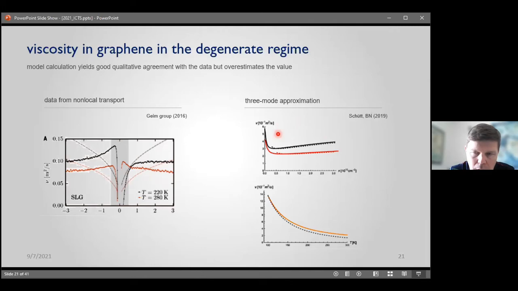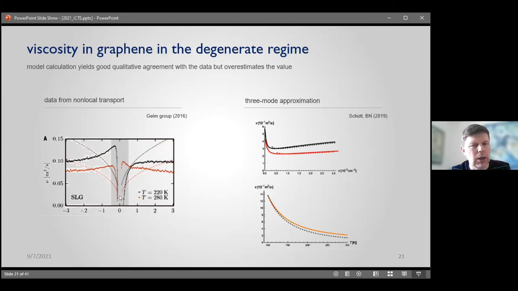And so calculations based on the kinetic theory of this renormalization group approach basically yield very similar results. A little bit, right? The quantitative values that we have here are slightly larger. So instead of 0.1, we get something like 0.2, 0.3. So a little bit larger values, but qualitatively a very similar behavior.